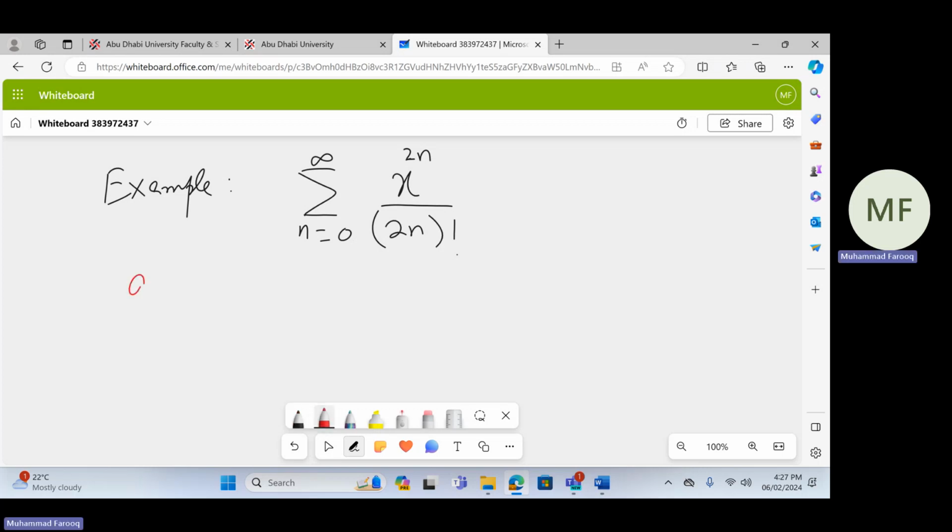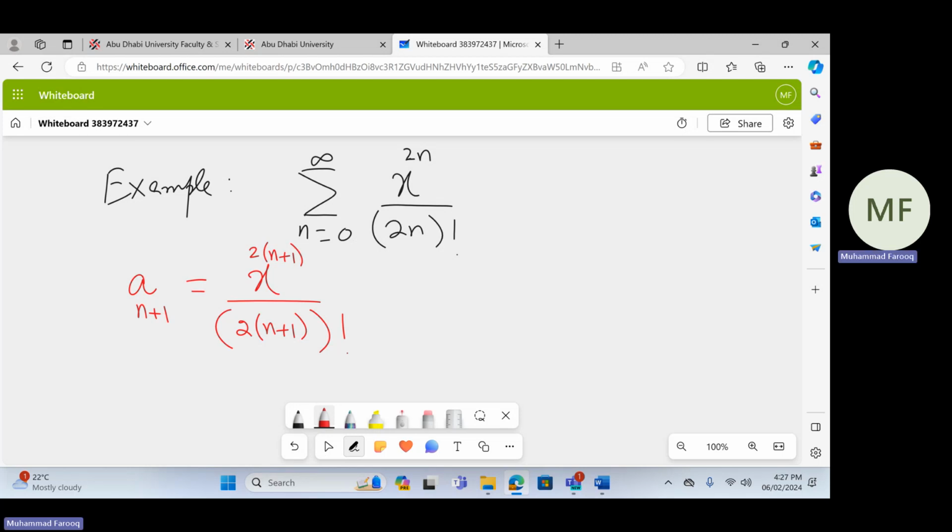So what is the a sub n plus 1 term? It is x to the power 2 times (n plus 1), divided by (2 times (n plus 1)) factorial. Just replace n wherever you have it by n plus 1, please.